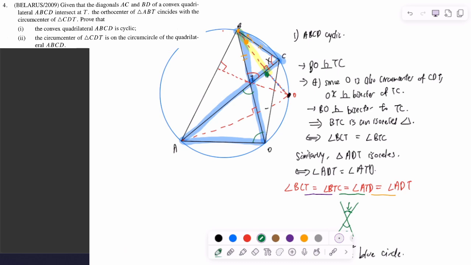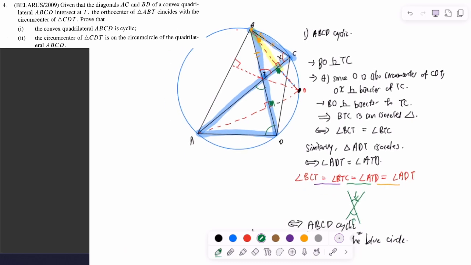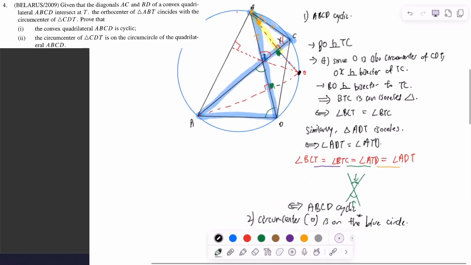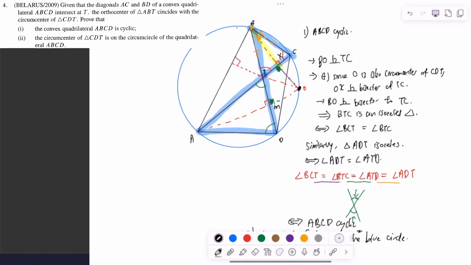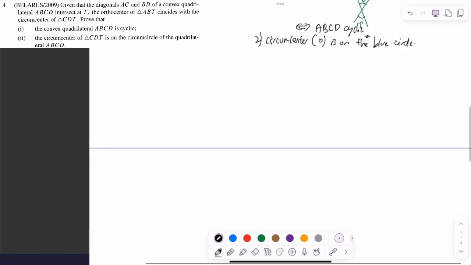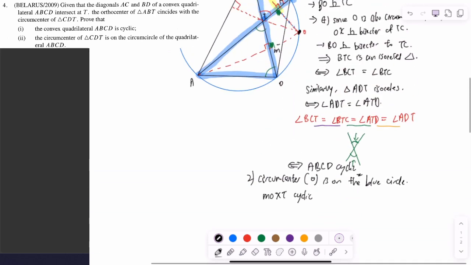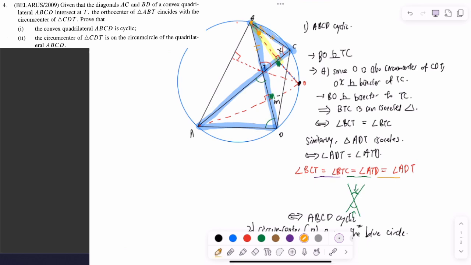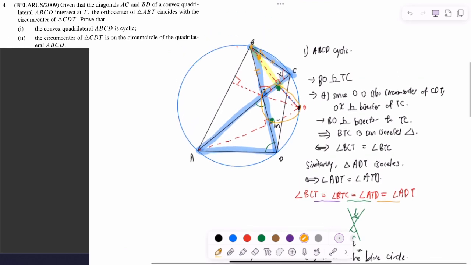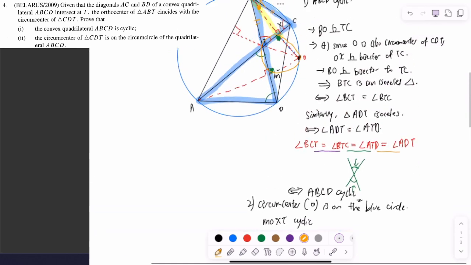This angle and this angle are both 90 degrees. So let's call this point M. So MOXT is cyclic. It's this circle here. MOXT is cyclic.